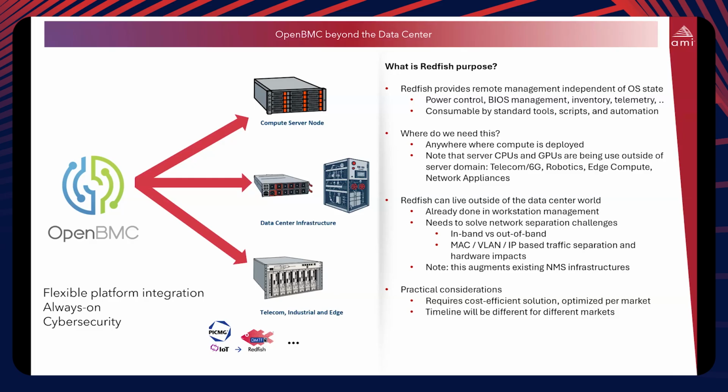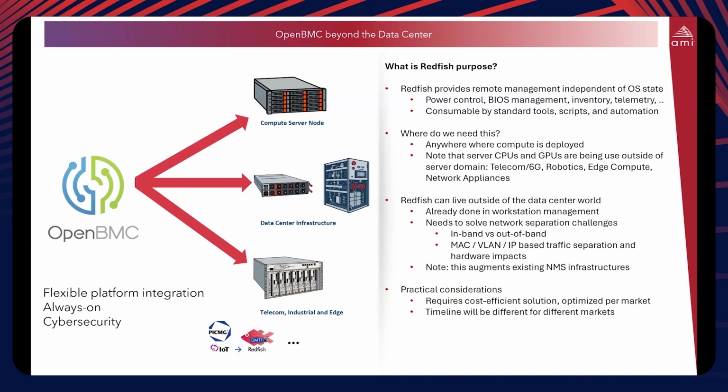So anywhere I have hardware, I need to manage it. If our friends from NVIDIA are working together with Nokia to build a 6G base station, I get a GPU at a radio unit at a cell edge. That GPU still needs to be managed. So what does that mean? Now Redfish goes towards my cell tower. How do I do that?